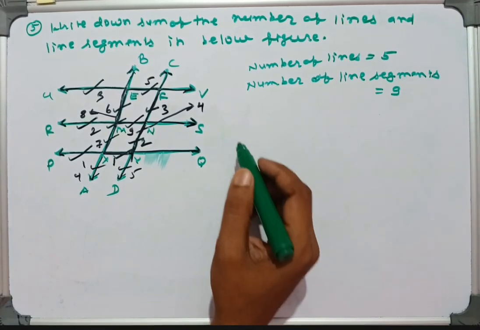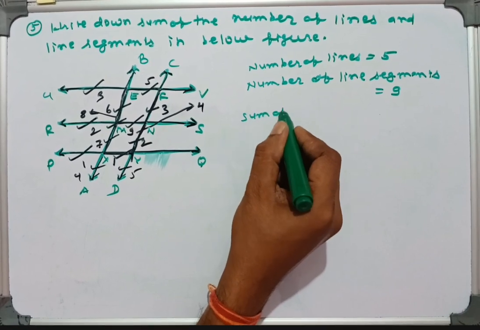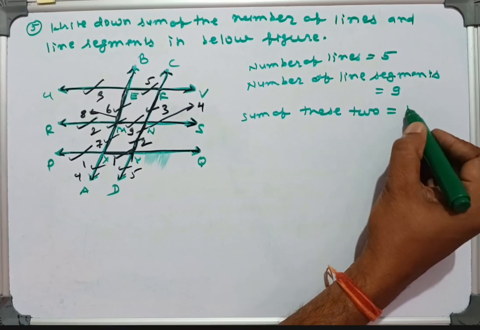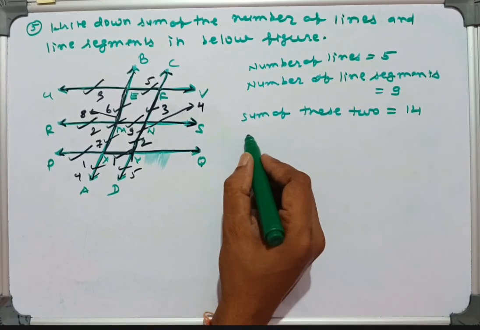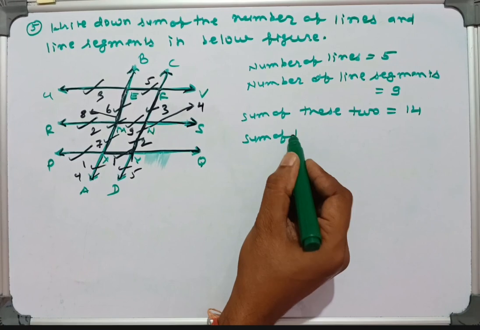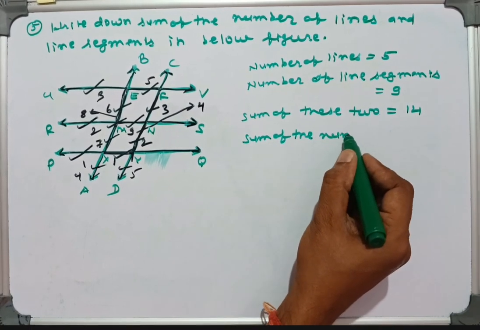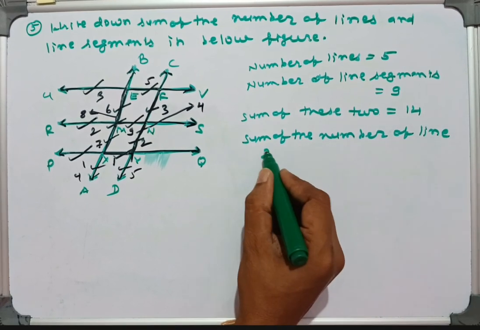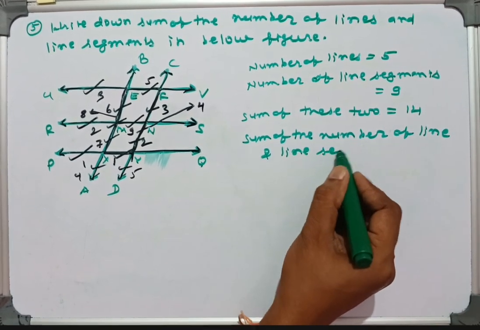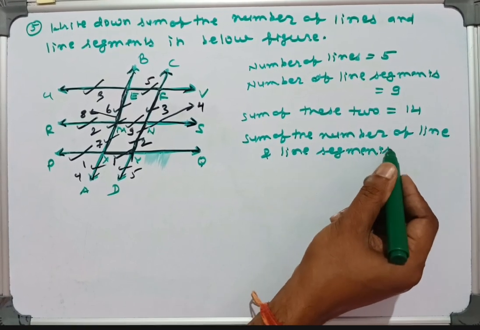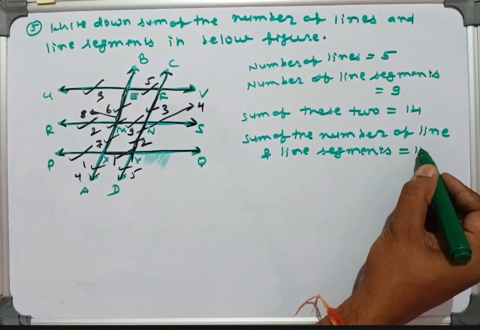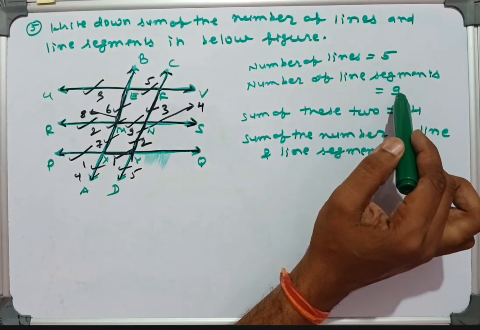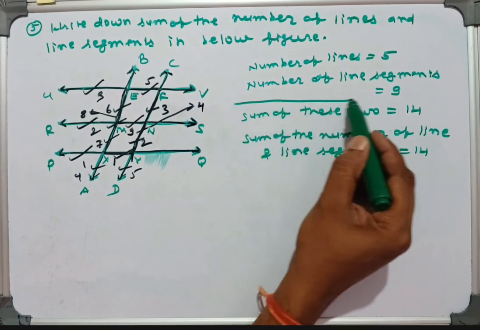Now the sum of these two equal to 14, or you can say the sum of the number of lines and line segments equal to 14. Now how is it 14? See, 5 plus 9 equal to 14.